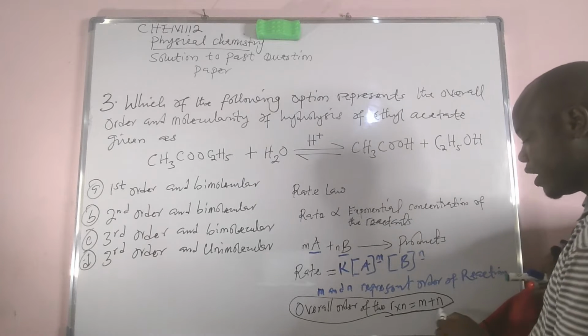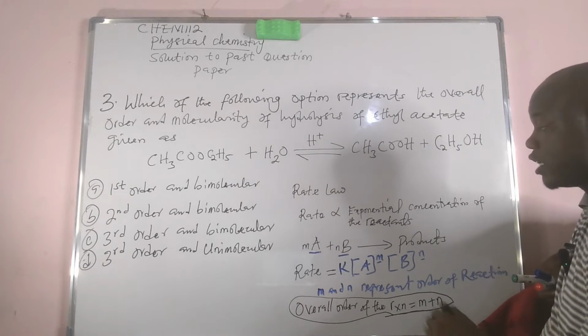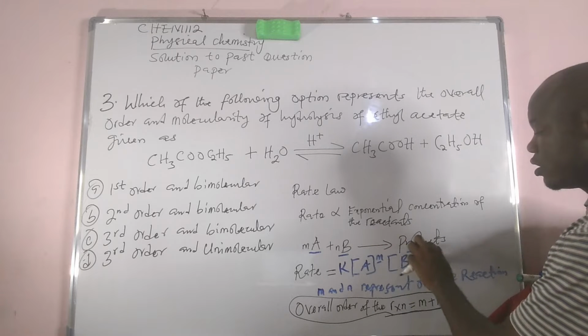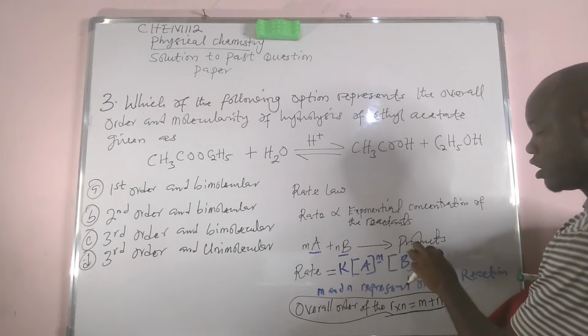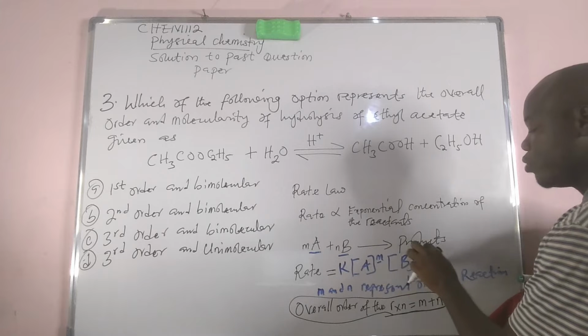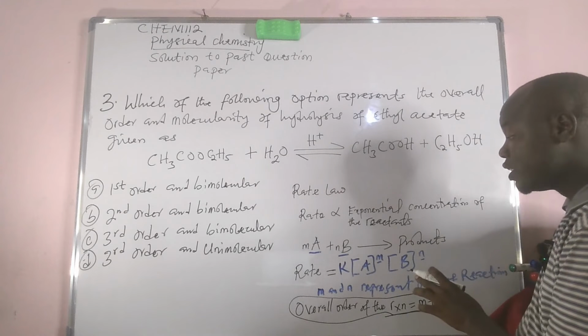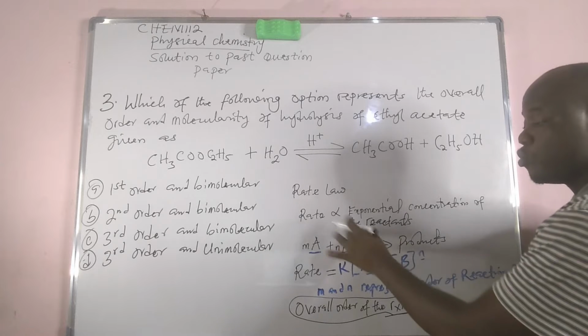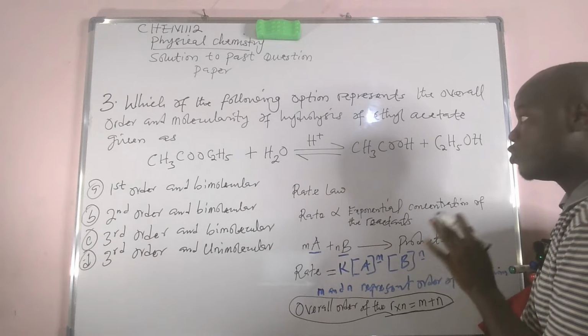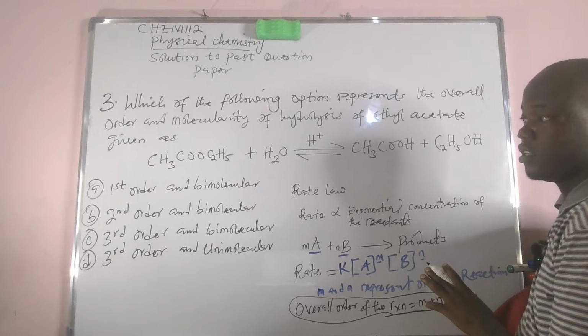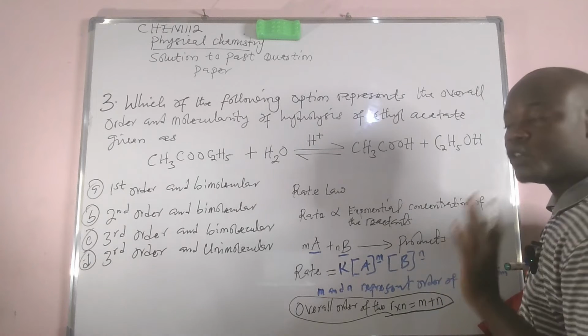That is addition of the exponents here. So very importantly, we should understand that the order of the reaction is not a stoichiometric coefficient of the reaction. It's usually determined experimentally. So that is what I want you to understand.